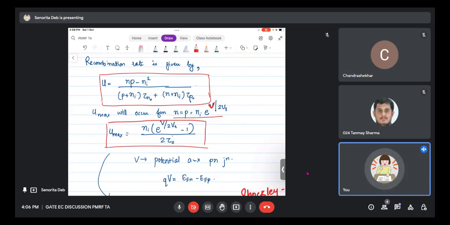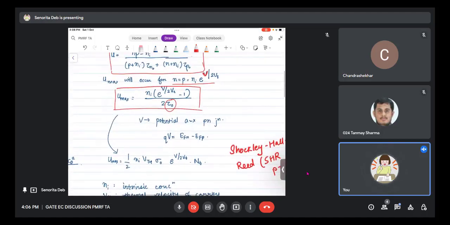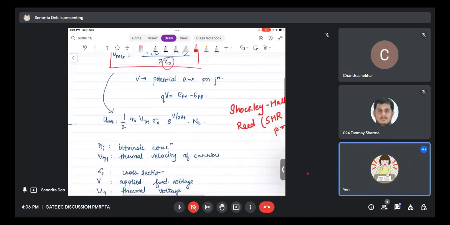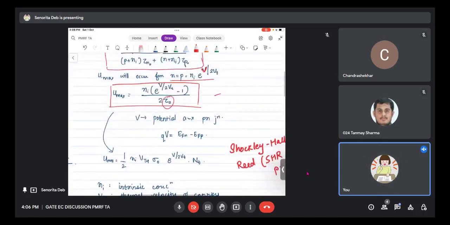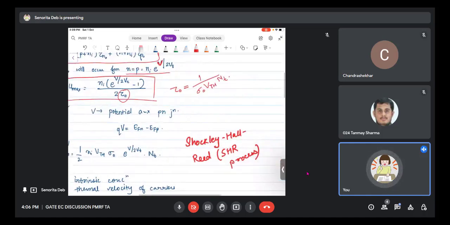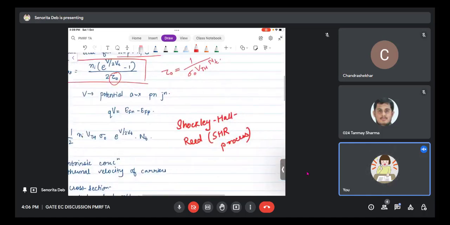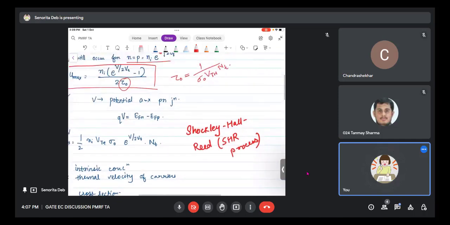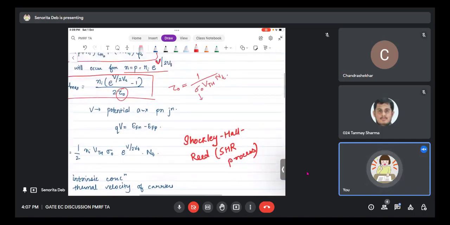Now tau is a time quantity, and in one more paper I found out that it can be replaced. So tau naught is nothing but 1 upon sigma naught Vth Nt. Here sigma naught is the cross-sectional area, so it will be in meter square.